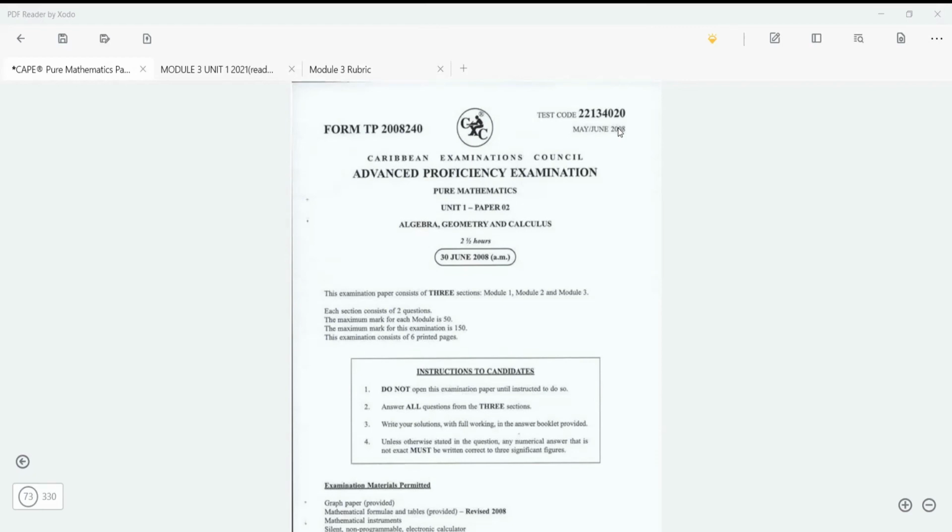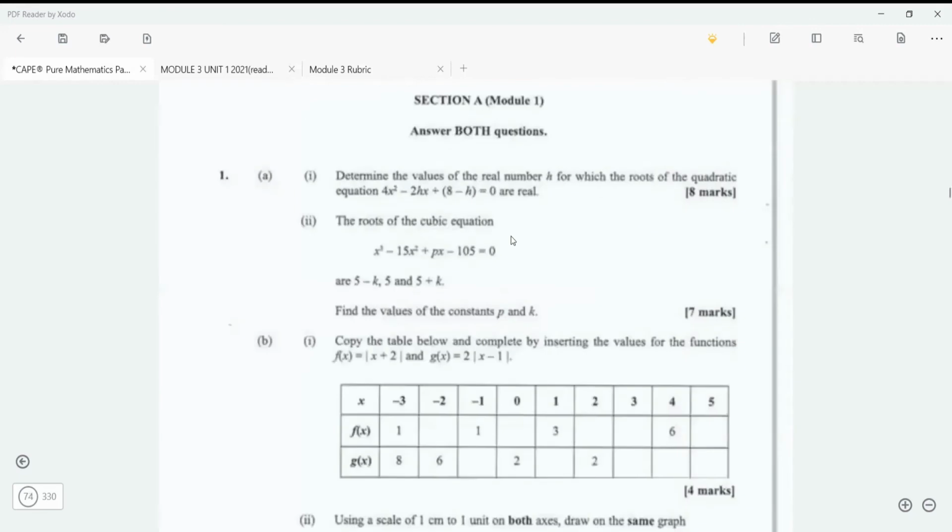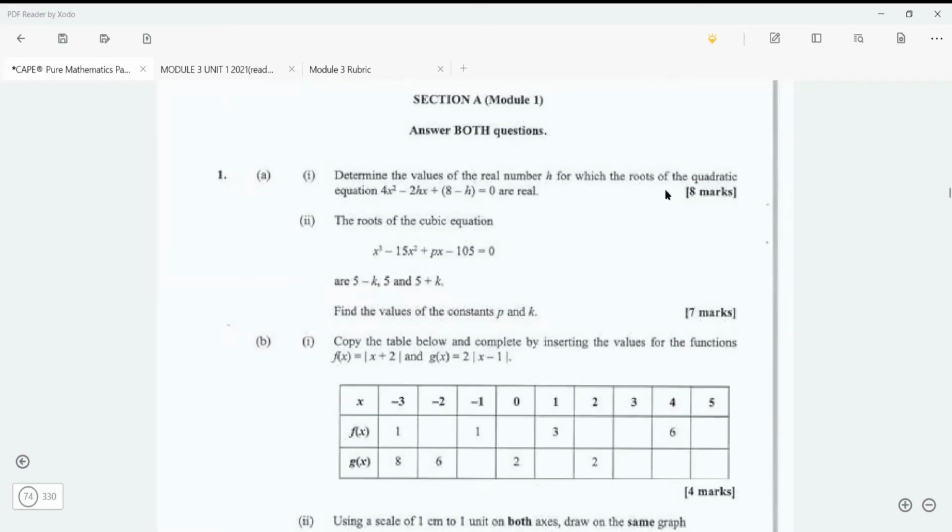So now we're gonna go through 2008. So let's do it. 2008 Unit 1, 2.5 hours. I don't know why the paper 2 was on the 30th, but that's weird. All right, so this one says, and I'm happy it starts with this: determine the values of the real number h for which the roots of the quadratic equation are real.